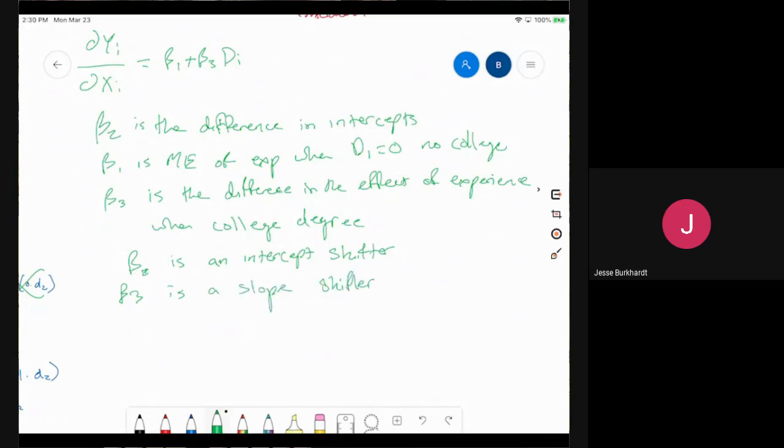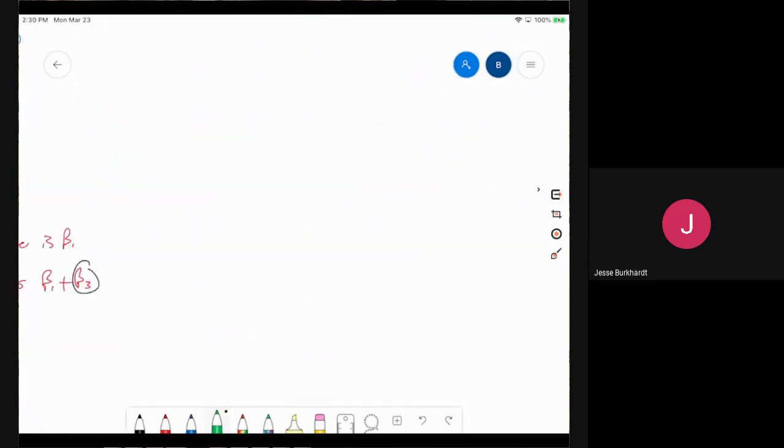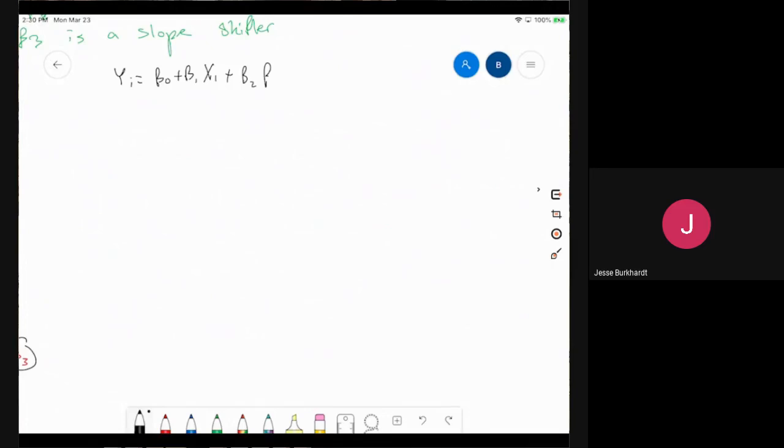Okay, let's draw that out. Let's suppose we have a model that looks like this: yi equals beta 0 plus beta 1 x1 plus beta 2 d2 plus ui.